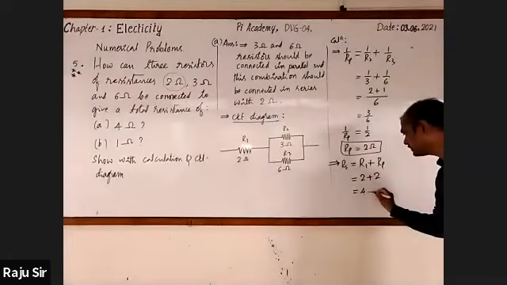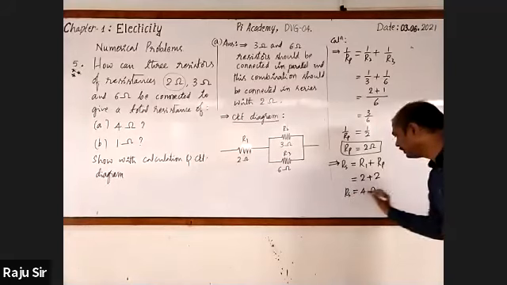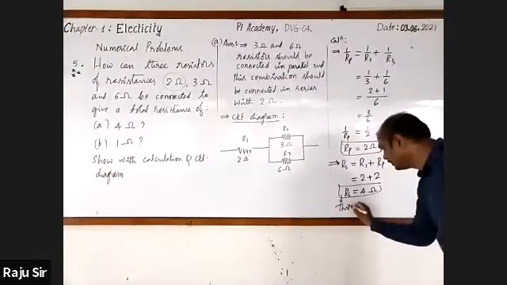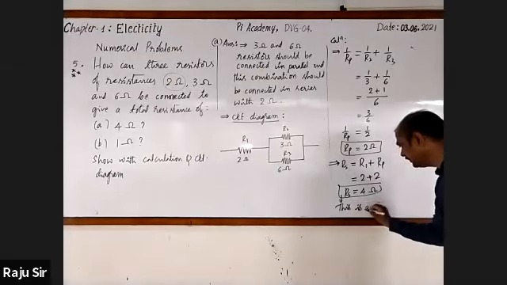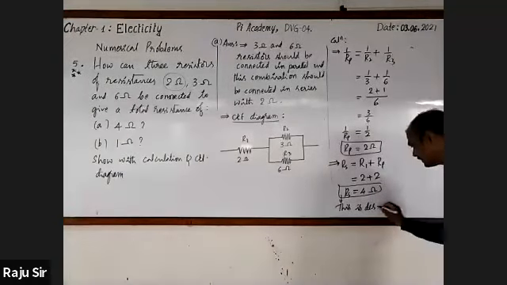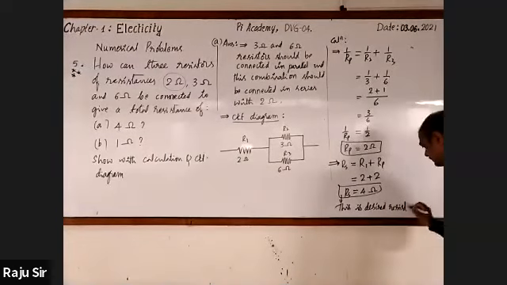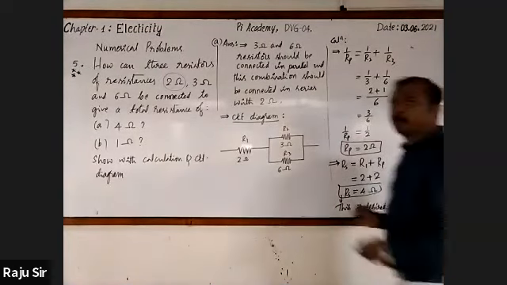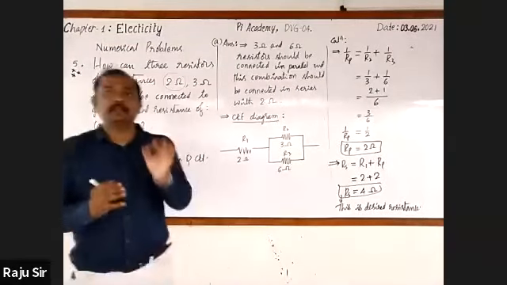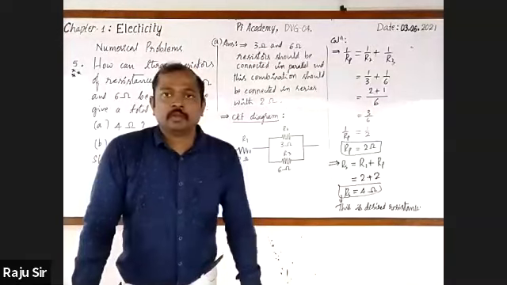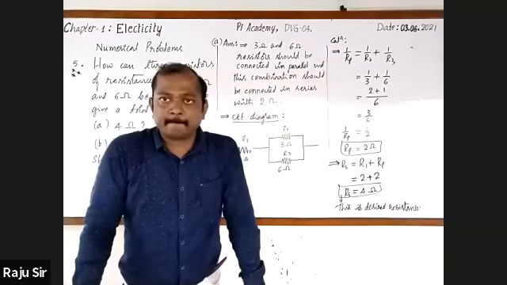Altogether, it is 4 ohm. This is the desired electric resistance. 4 ohm is the desired electric resistance. Did you all understand? Yes, sir.